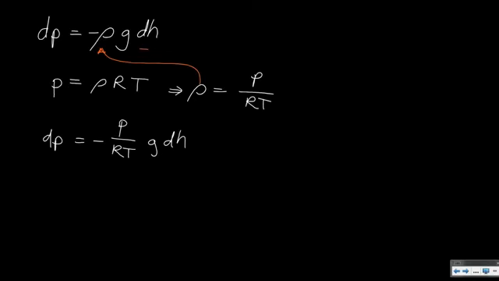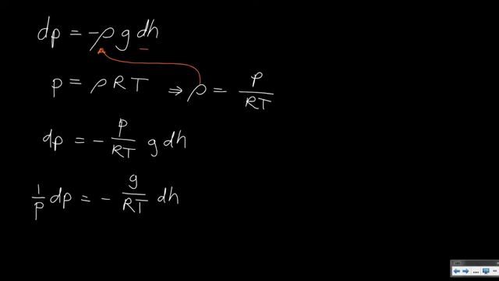Now, the next step is to make sure that the pressures are all on the left side of the equation. So we divide left and right by the pressure, which gives us 1 divided by P times dP, and here we get minus g divided by RT times dH.